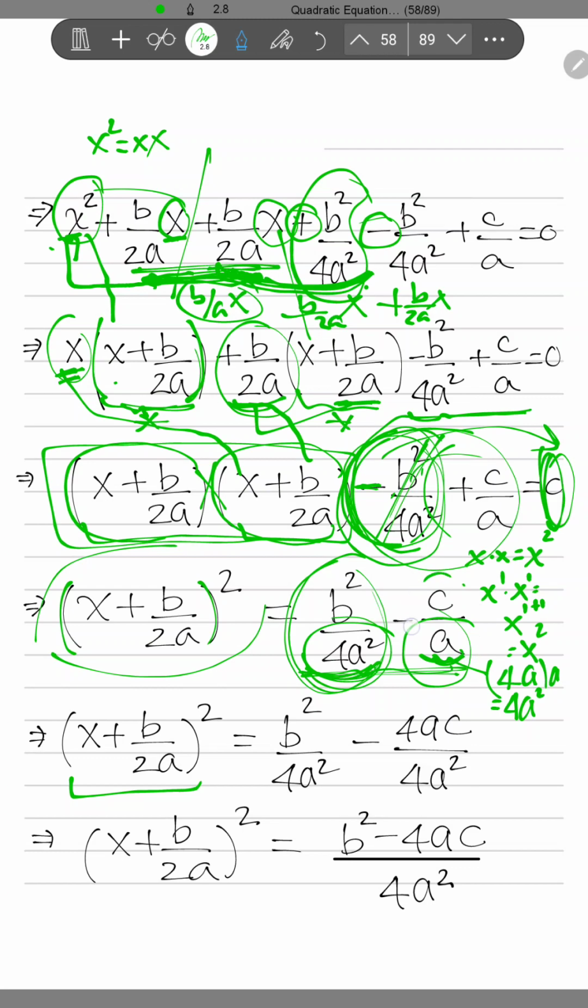So we have to multiply the numerator as well as the denominator by 4a. When we do that, the numerator c will be 4ac, and the denominator a will be 4a squared. Now we have a similar denominator, so we can add the numerators. So x plus b over 2a the whole square is equal to b squared minus 4ac, which is this one here, divided by 4a squared.